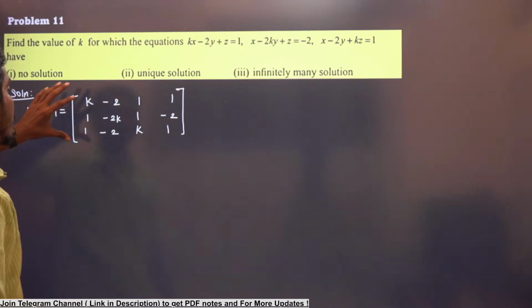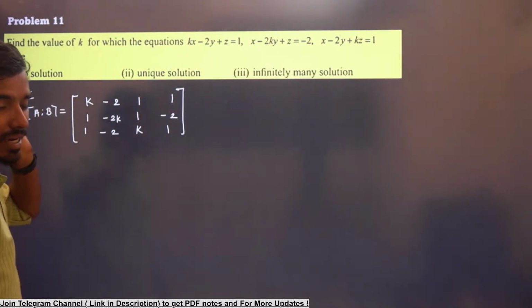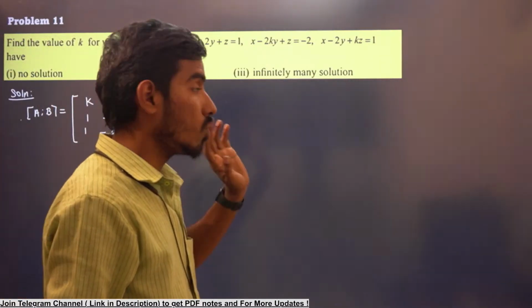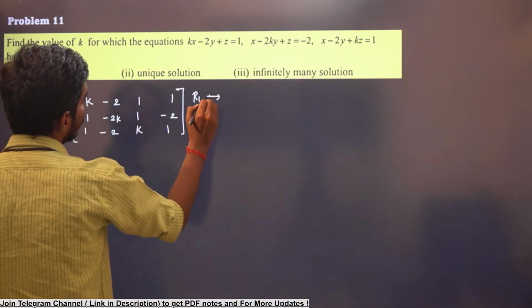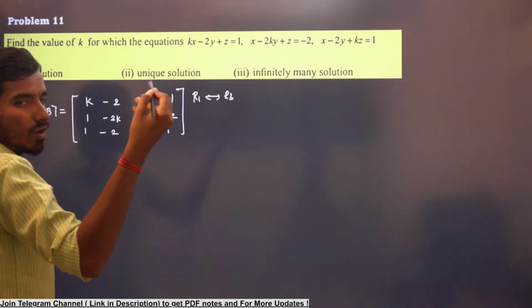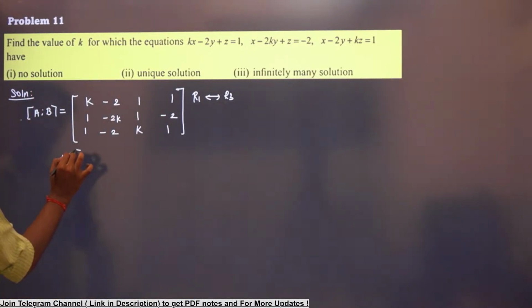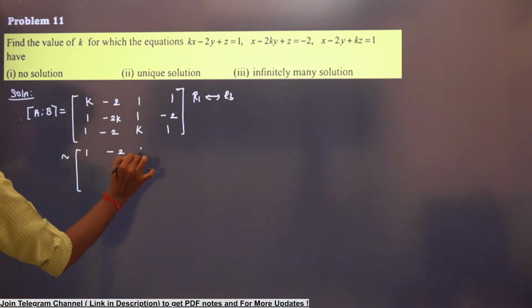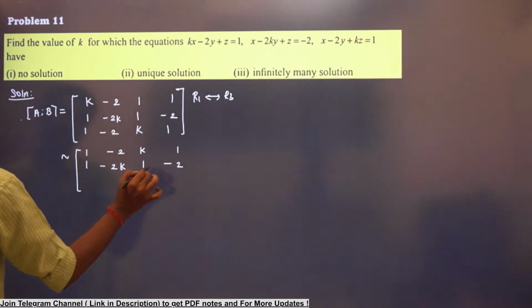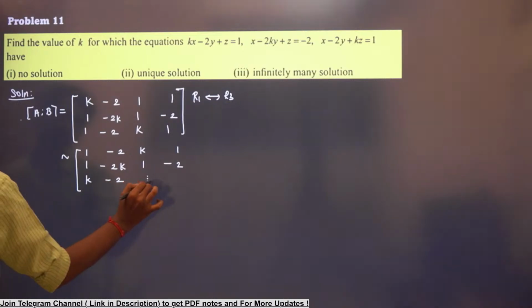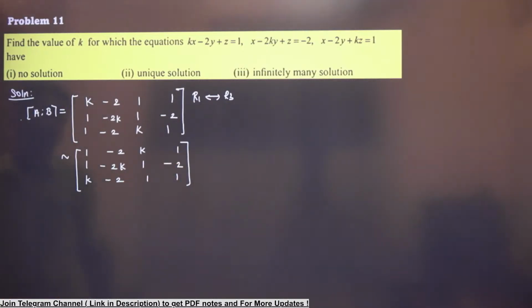I always said it is better to have 1 in the first row, first element. So I will shift R1 and R3, or you can also shift R1 and R2. So the matrix becomes: 1, minus 2, k, 1; 1, minus 2k, 1, minus 2; k, minus 2, 1, 1. Now reduce this to row echelon form.